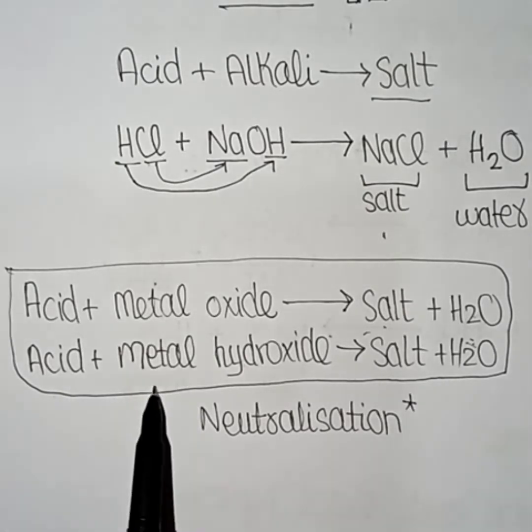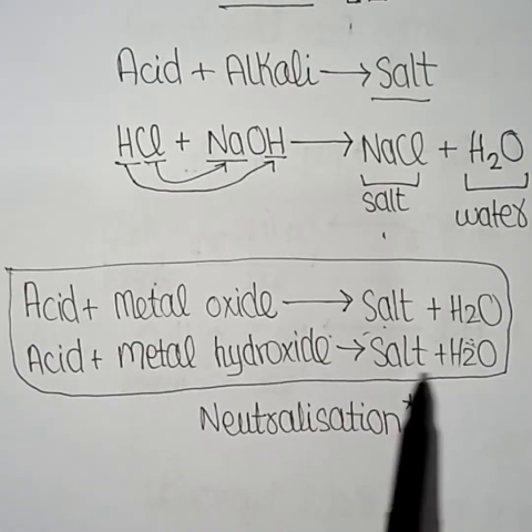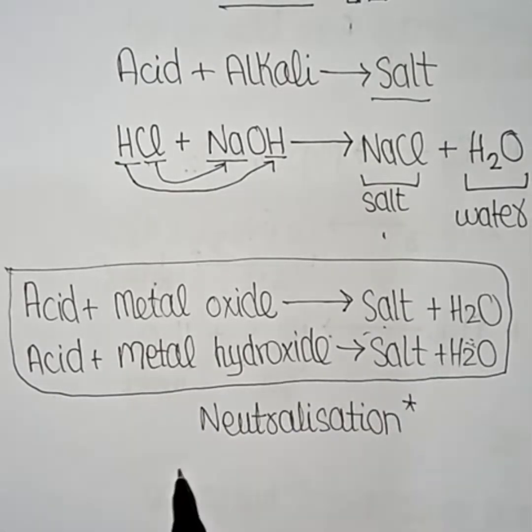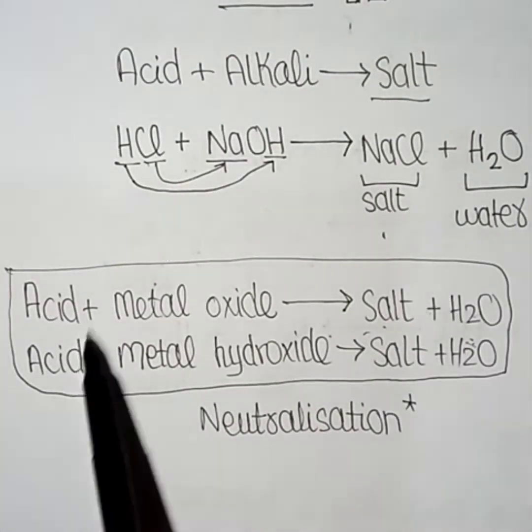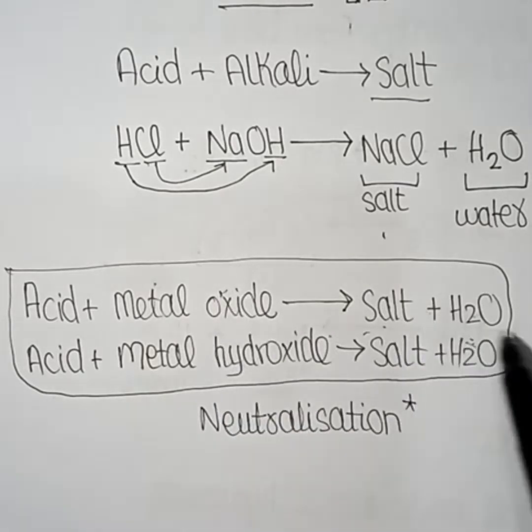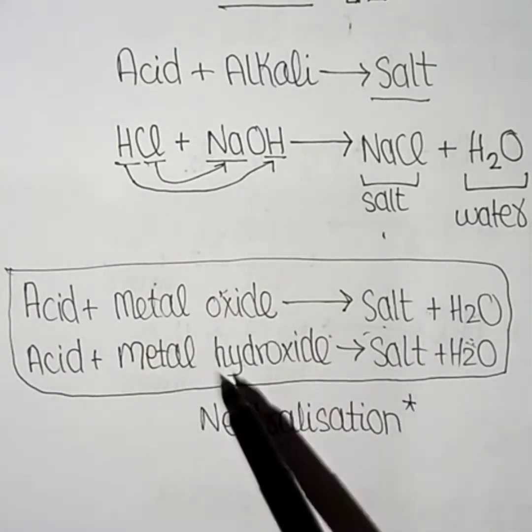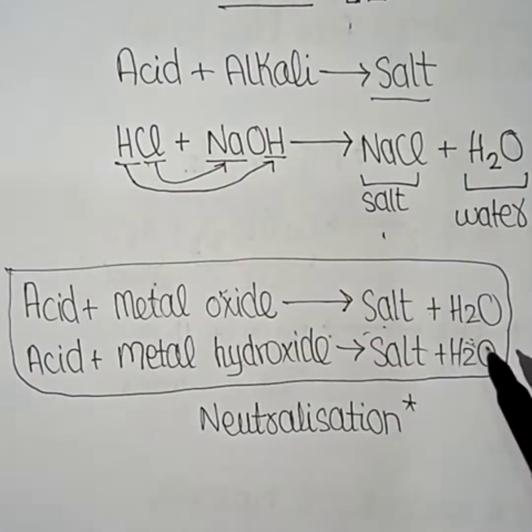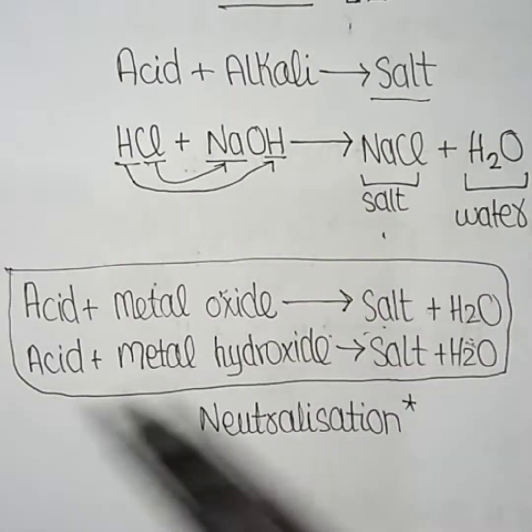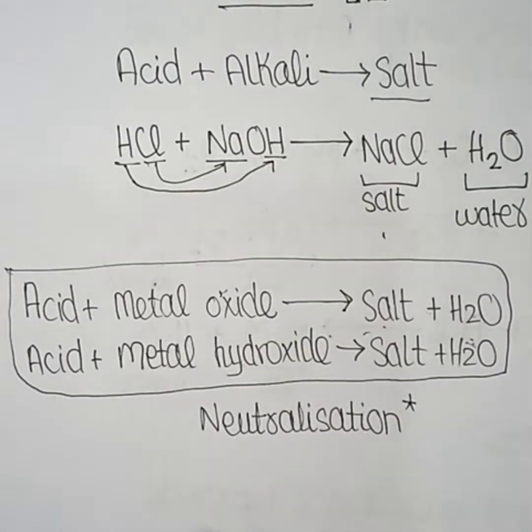Whenever acid reacts with metal hydroxide, it will also give you the same salt and water. This is known as neutralization, which can come in the exam and in MCQs. So you need to keep the concept in your mind: whenever acid reacts with metal oxide, what it gives you, and when it reacts with metal hydroxide, what it gives you. It is the same, but you need to understand this is known as neutralization.